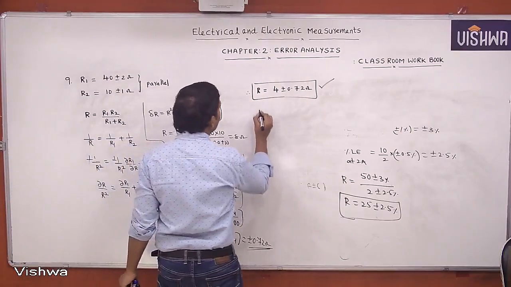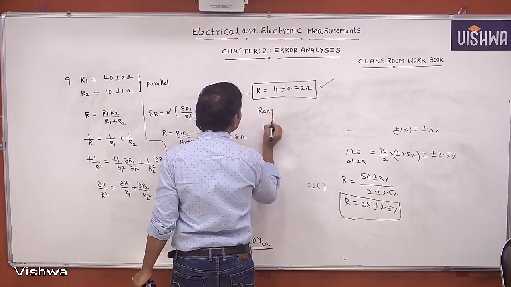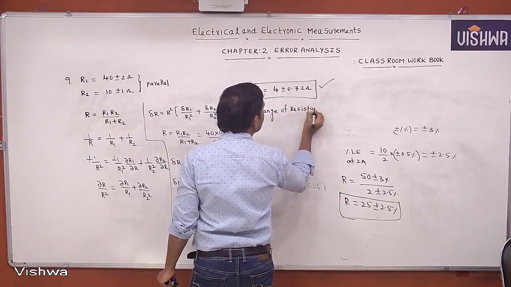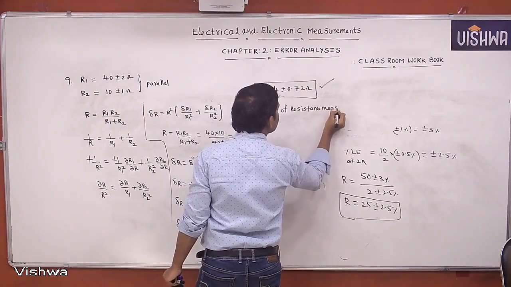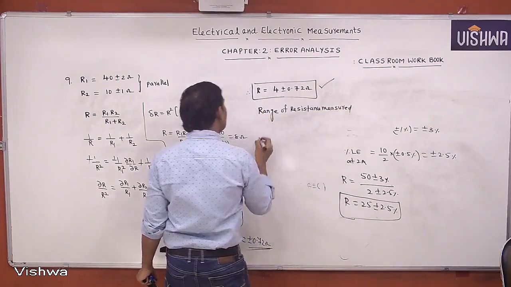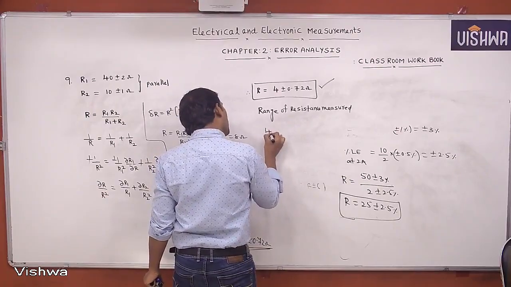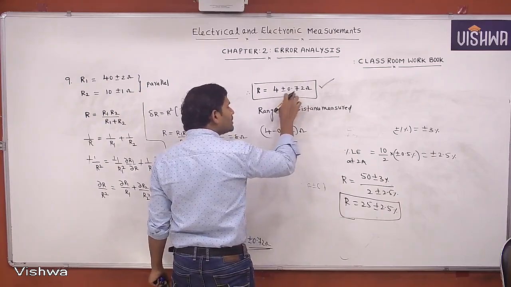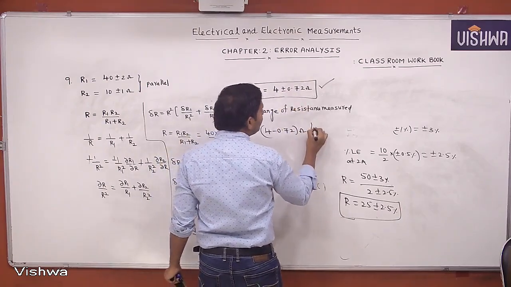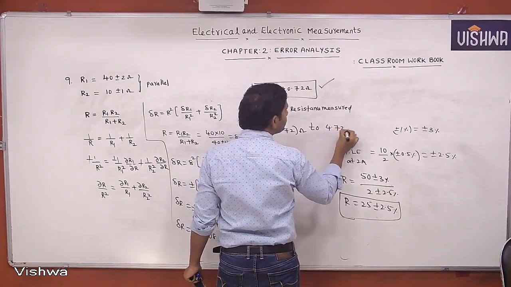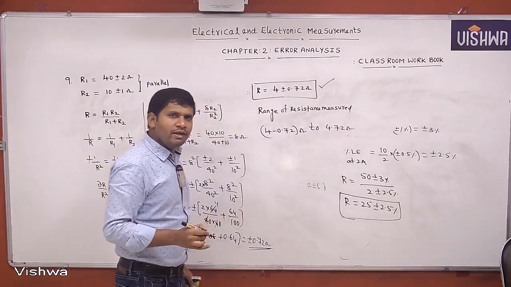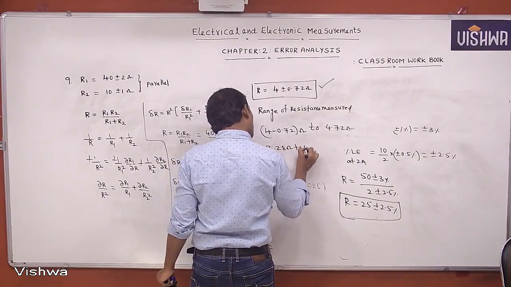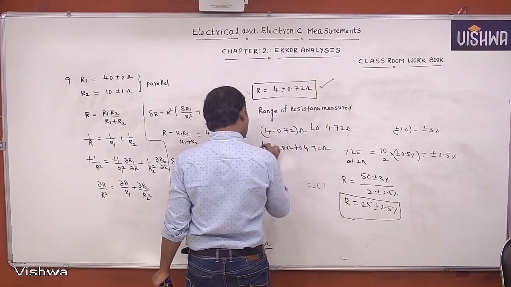Then how to calculate the range? 4 minus 0.72 ohms to 4 plus 0.72, which is 4.72 ohms. 4 minus 0.72 means how much you get? 3.28 ohms to 4.72 ohms. This is the range of resistance.